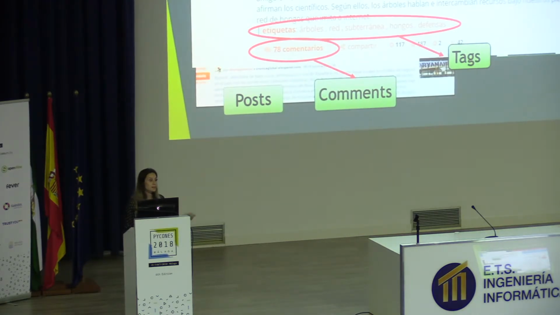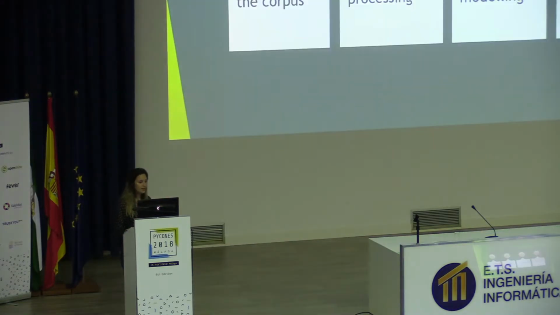And in Twitter, you have hashtags and tweets. And within the language, you also have the mentions, which I think are worth taking into account if you want to find named entities or this kind of language.